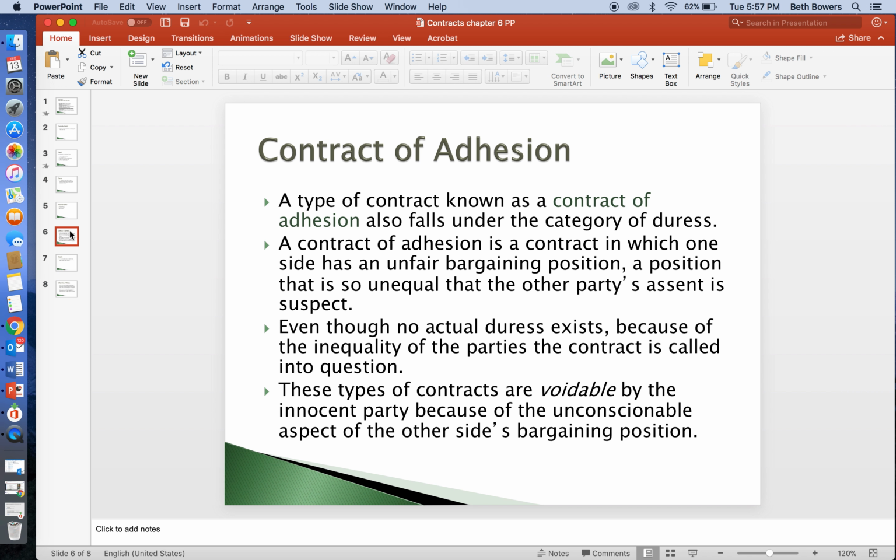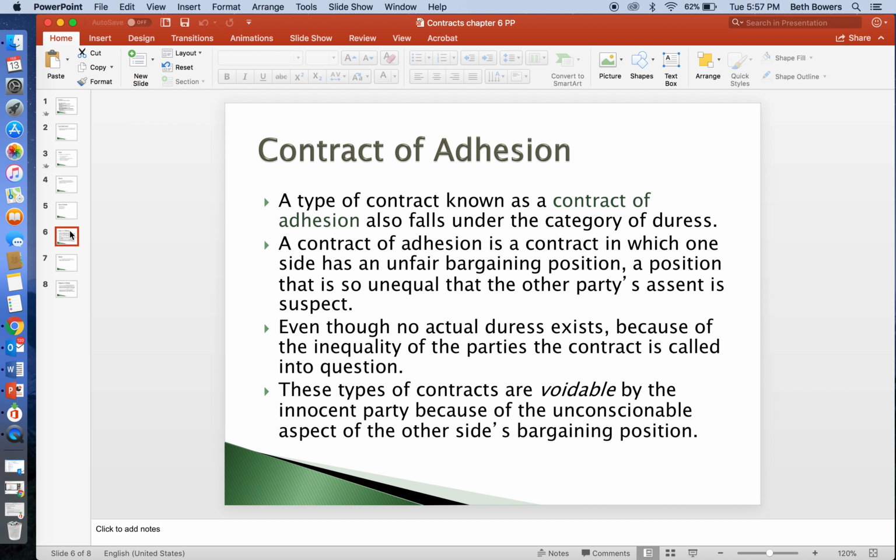So these types of contracts are not inherently void, but they are voidable by the innocent party if that party decides, I really never wanted to be in this, but I felt as though I had no power to bargain against the other party.